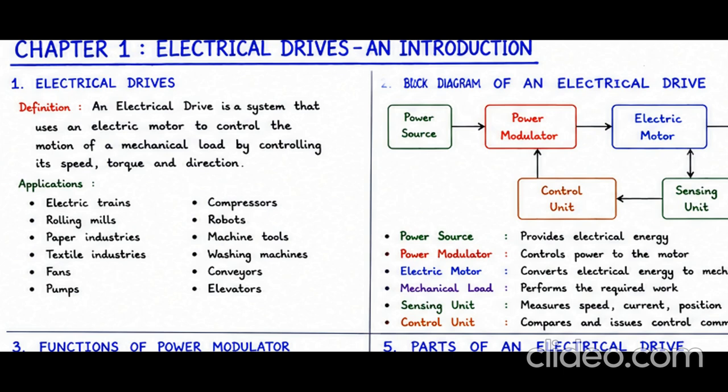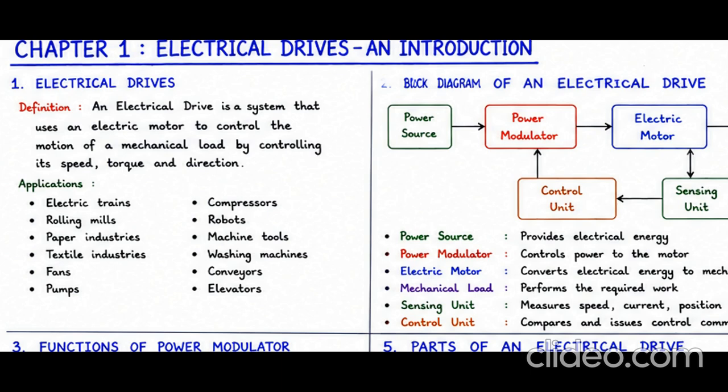It simply means we should be able to control three things. First, the speed of the motor. Next, the torque produced by the motor. And the third, the direction of rotation. If we can control these three quantities according to our requirement, then we have an electrical drive.